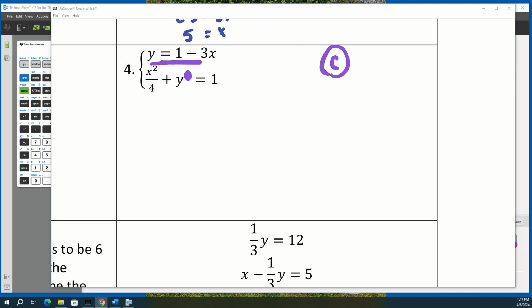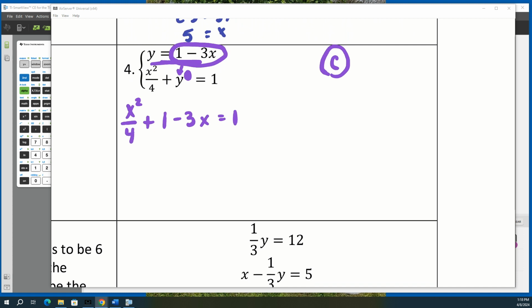So what we'll do is we'll take this 1 minus 3x, and we're going to substitute it into the other equation for y. And now we're going to solve for x.